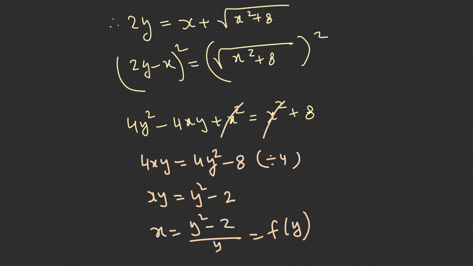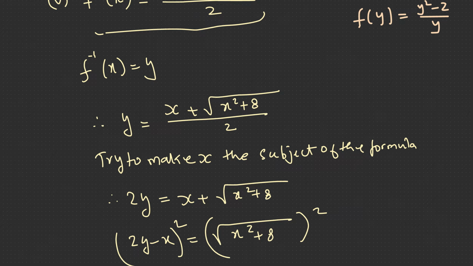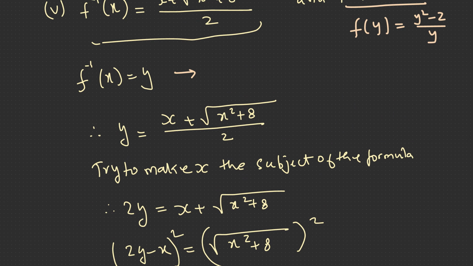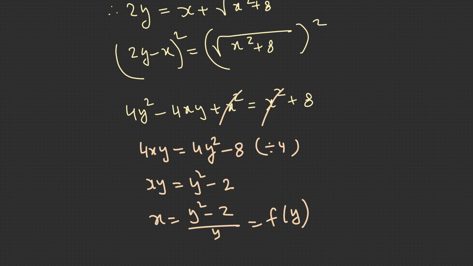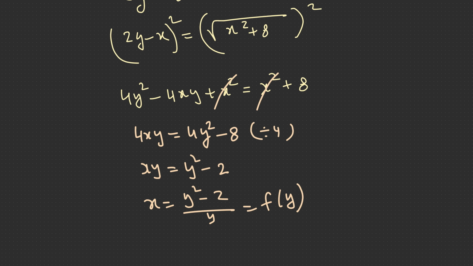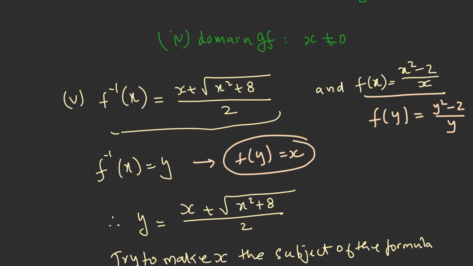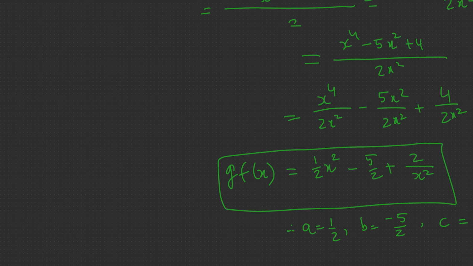So f of y is equal to x, and we have proved that. So hence we have shown that f inverse of x is equal to (x plus square root of x squared plus 8) over 2. Okay, so that completes this question.